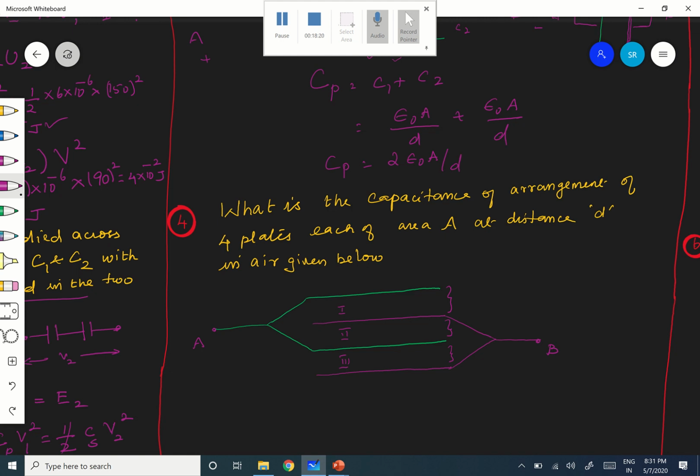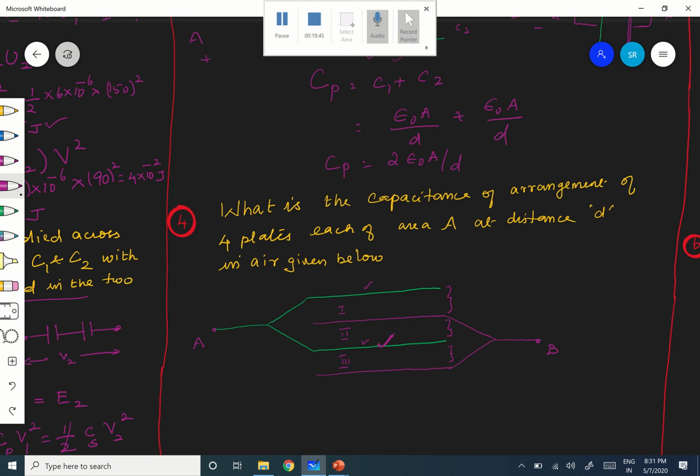The first capacitor, the second capacitor's lower plate and the upper plate of the third capacitor both serve this one. The lower plate of the second capacitor and the upper plate of the first capacitor are the same. Therefore, all are connected like that.